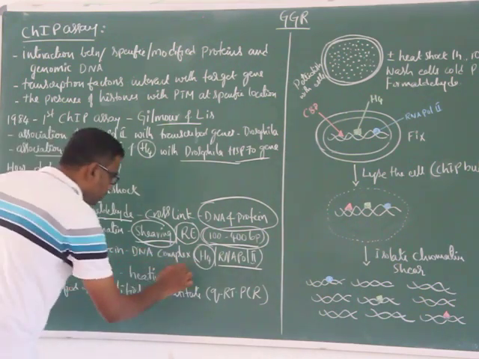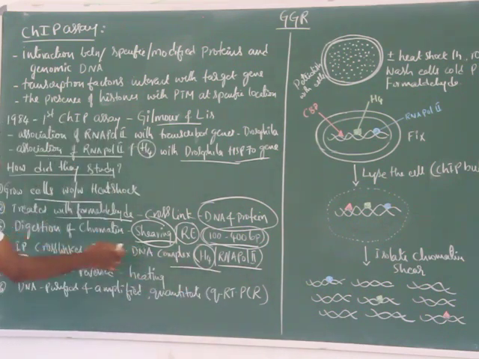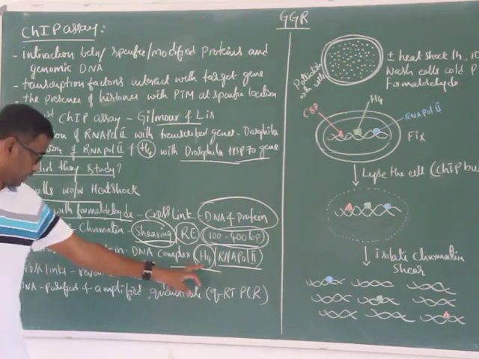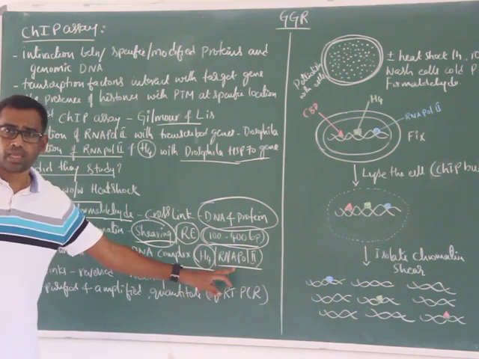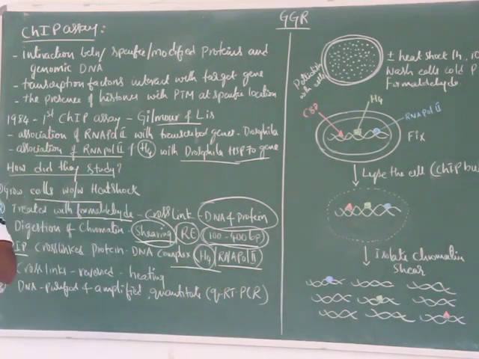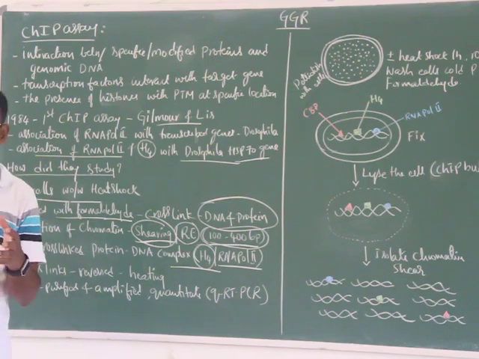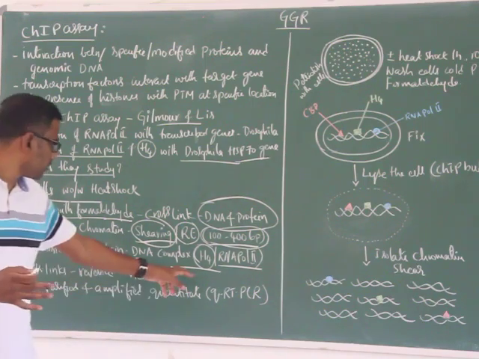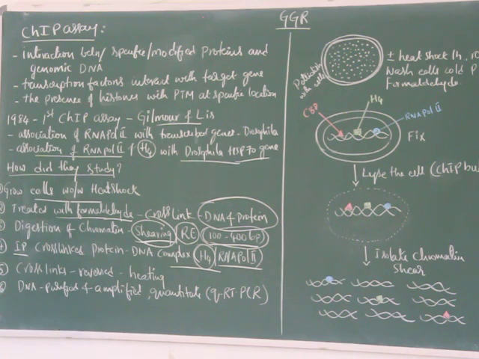Then once they used antibodies against H4 and RNA polymerase II, they used protein A or G attached to agarose beads. Then that protein A or protein G specifically binds to IgG that we discussed in the last semester, third semester in immunology, right?